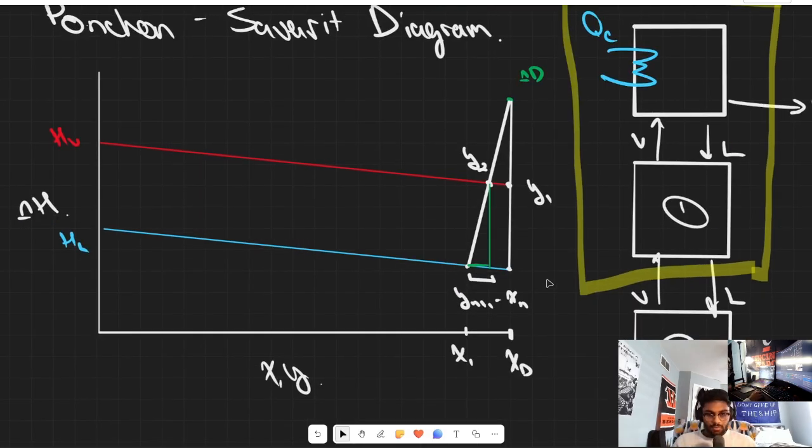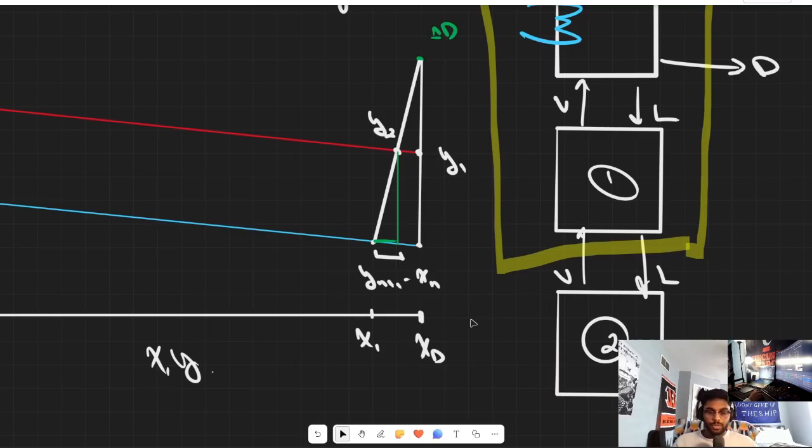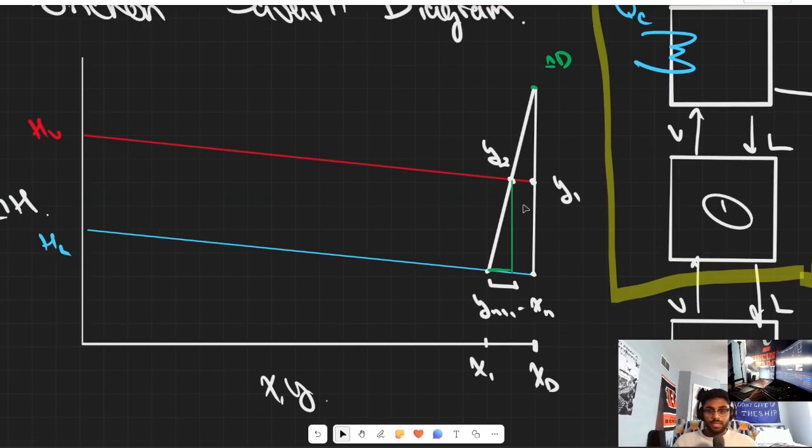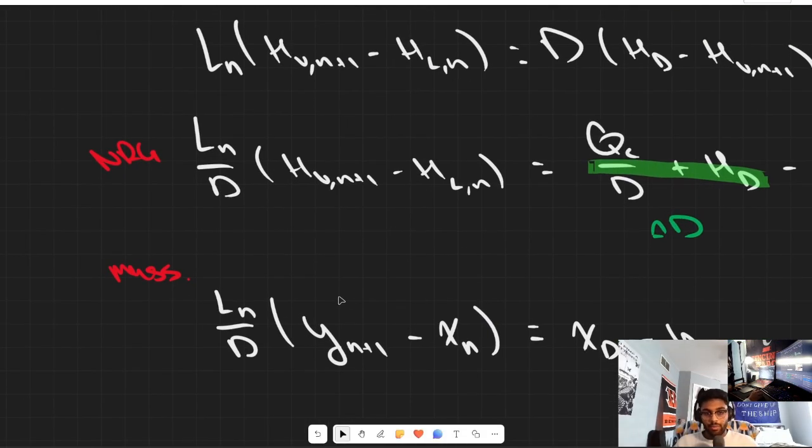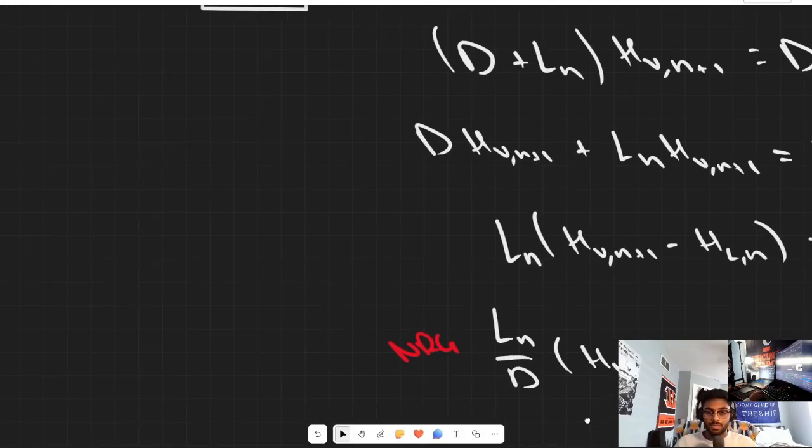So now, what about this y component of the triangle? That is actually the difference in our vapor enthalpy and our liquid enthalpy. And like how we pulled this vapor mole fraction and this liquid mole fraction, it's analogous to this difference in the enthalpies.